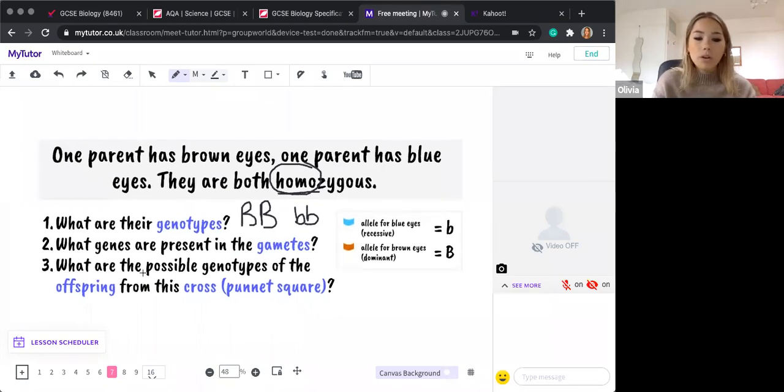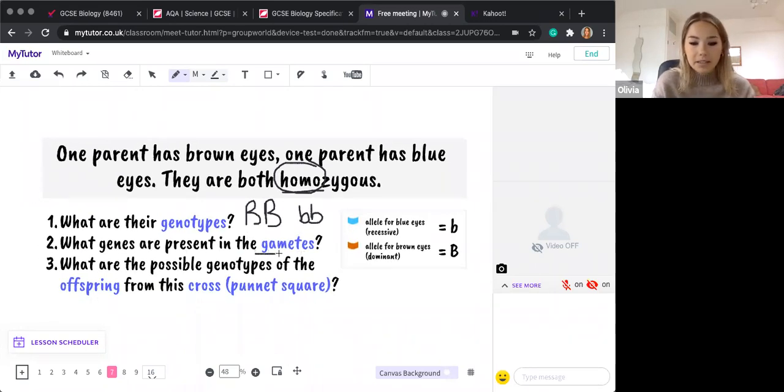So what genes are present in the gametes? Who can remind me what a gamete is and how that links to meiosis? Good. A gamete is a sex cell, for example a sperm or an egg.